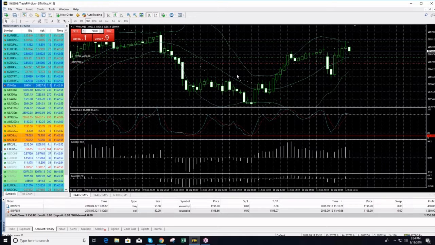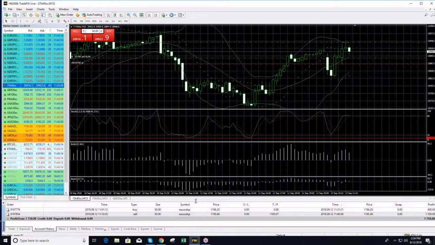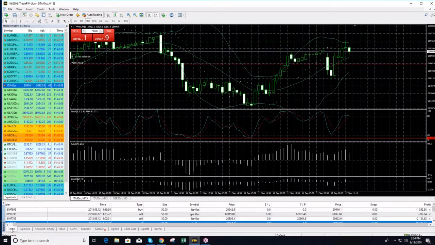You see the same mistake again. I bought the top, I sold over here, and let's see. I will get there also with this one. We will manage that one as well. So we are left now with 2 Italy 40 positions and 1 DAX position.